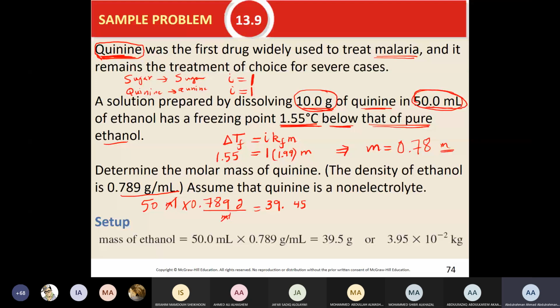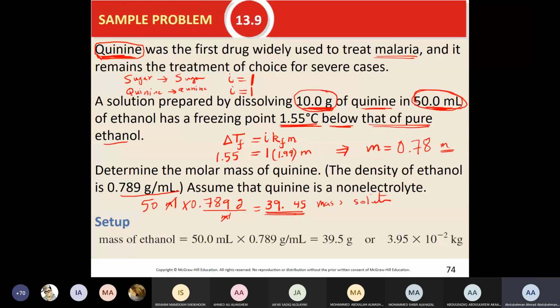What's the mass of ethanol in this case? This is the mass of solution made by dissolving 10 grams of quinine in 50 milliliter, and the total mass is 39.45.